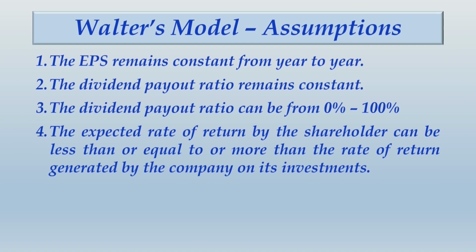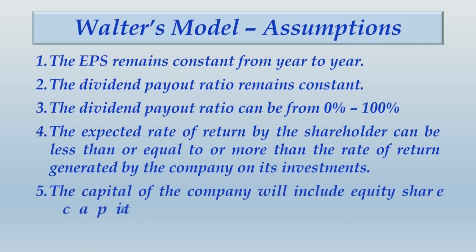All three possibilities exist over here also. The capital of the company will include equity share capital and retained earnings only. That means there is no chance of inclusion of any debt or any preference capital over here. So the capital is composed of only and only the equity share capital and retained earnings.